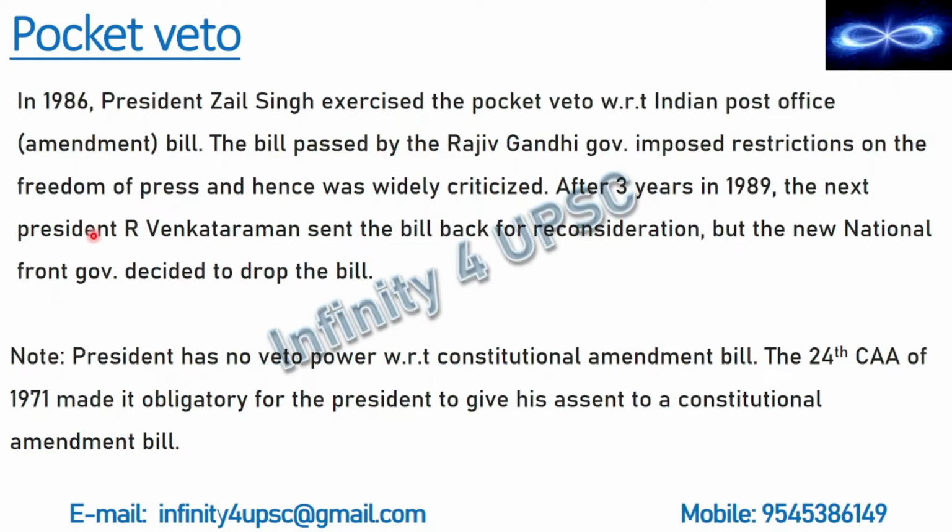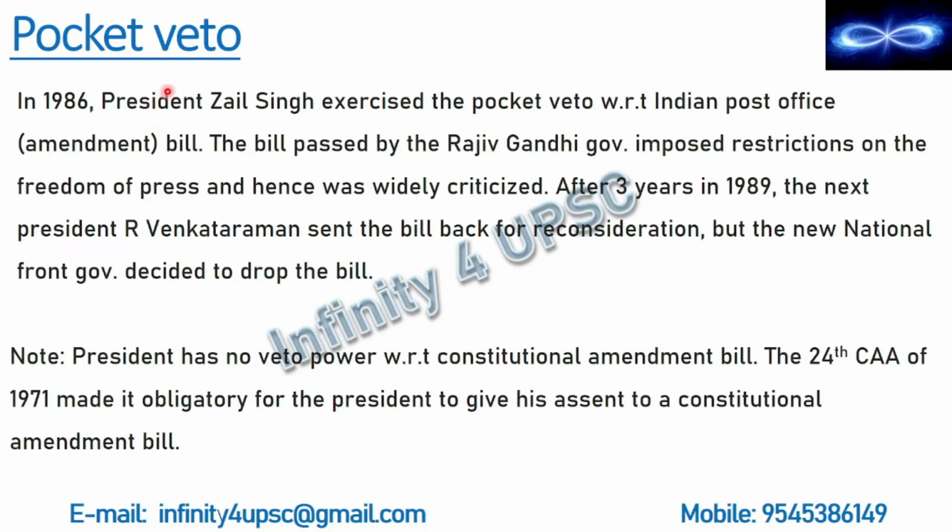In this example, we see that in 1986, we had a different president and a different government. And by the time we reached 1989, we had another president and a different government as well. In the first case, in 1986, the bill which was passed was curtailing the freedom of press.